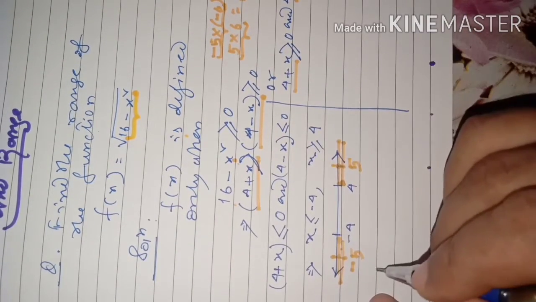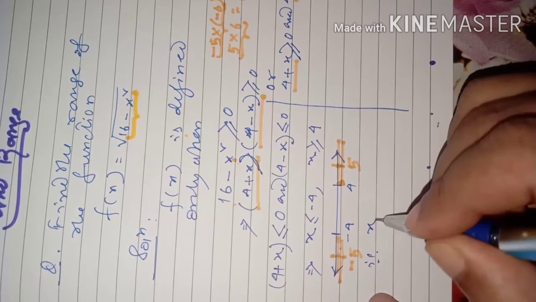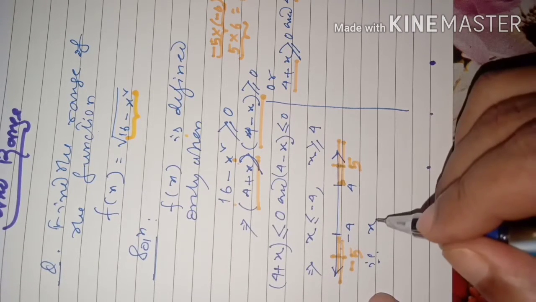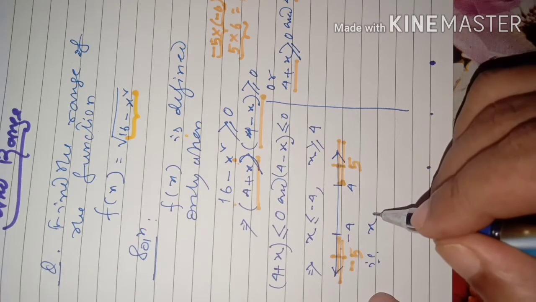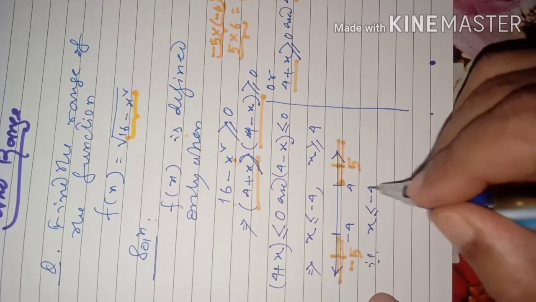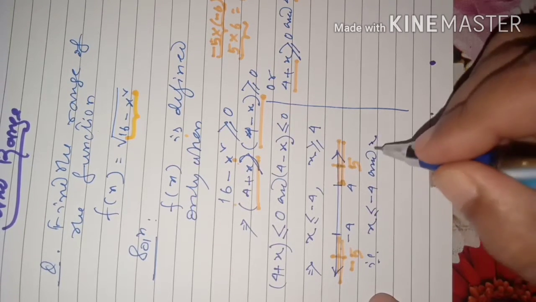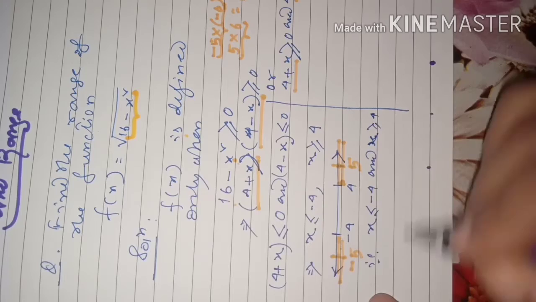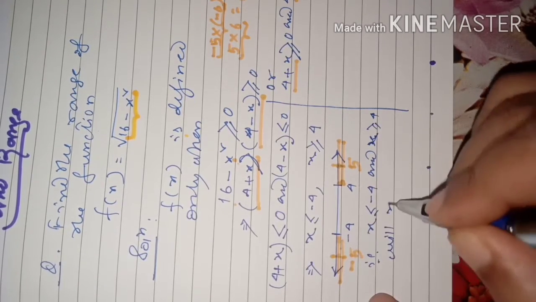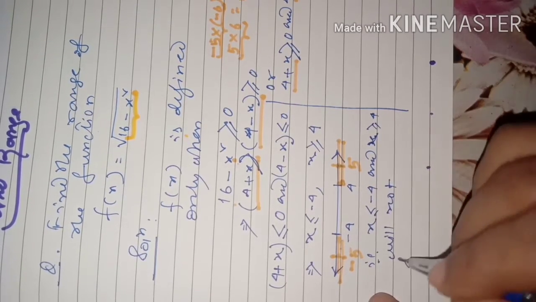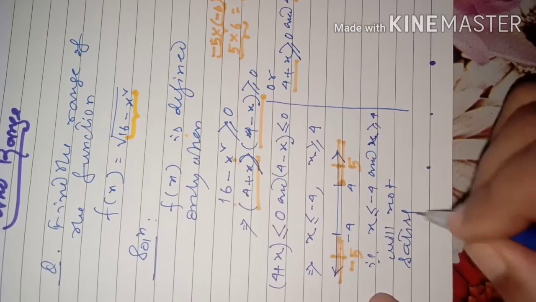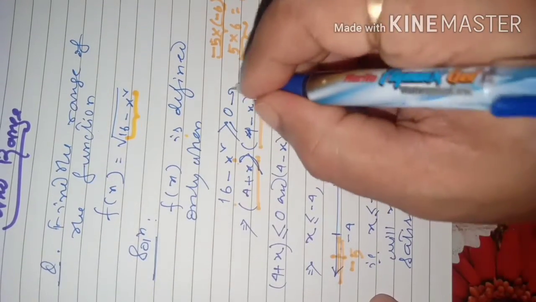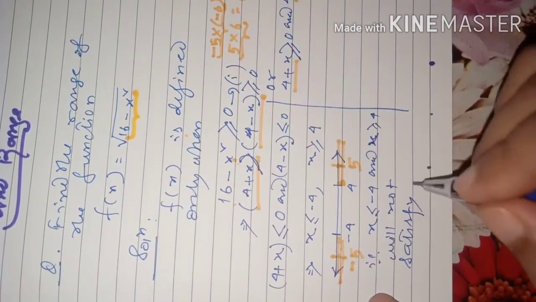So if x is less than minus 4, and if x is greater than plus 4, it will not satisfy.